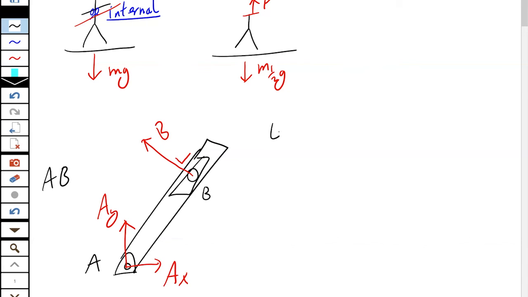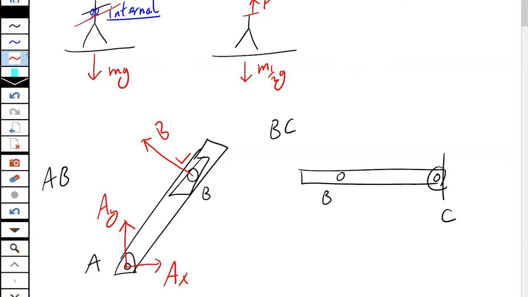Then we look at the other half of that, BC. So we have the pin at B and the external pin at C. External pin at C, it's becoming second nature now, a vertical and a horizontal reaction. Now what about B? Well, this is where Newton's third law comes in, the physics law that sounds like an action movie. For every action, there's an equal and opposite reaction.